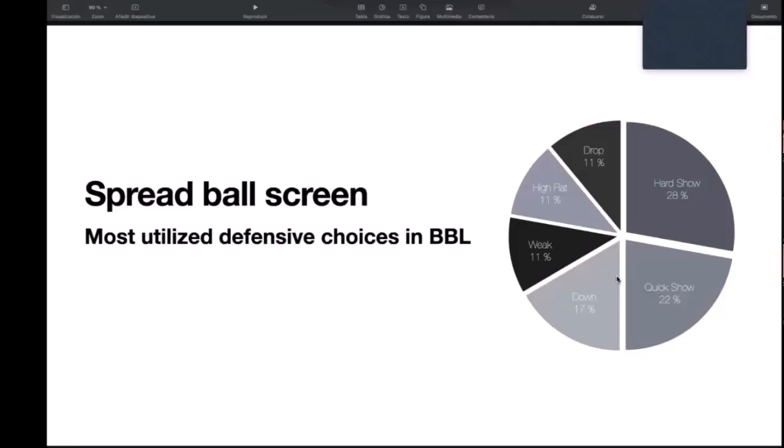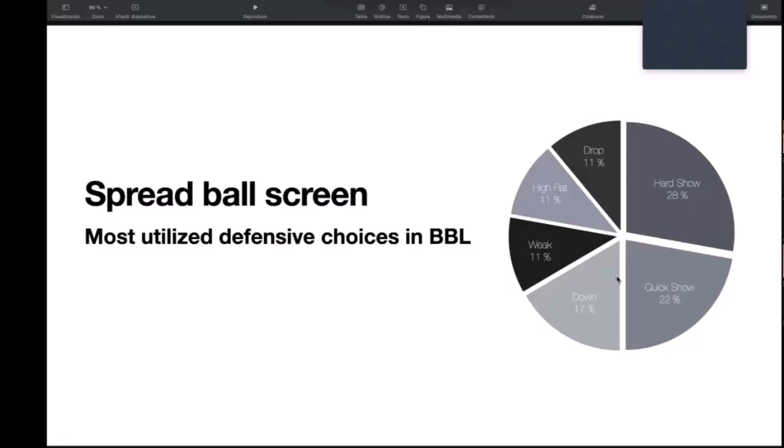Obviously, all the teams can have secondary defenses, or they can adapt their coverage and protection to different players. But in terms of the primary ball screen coverages, these were the main decisions the teams made.